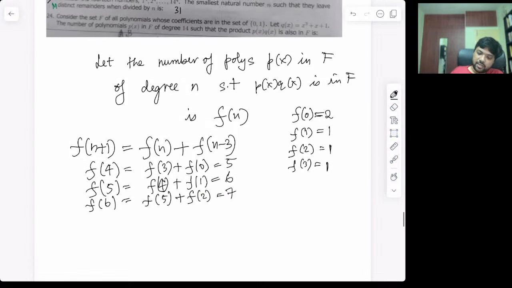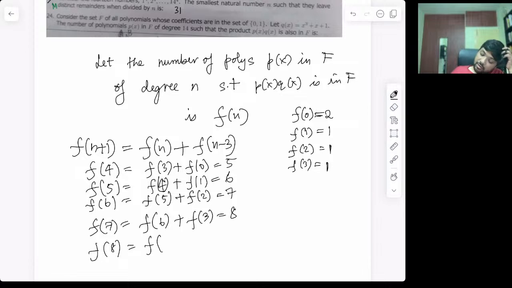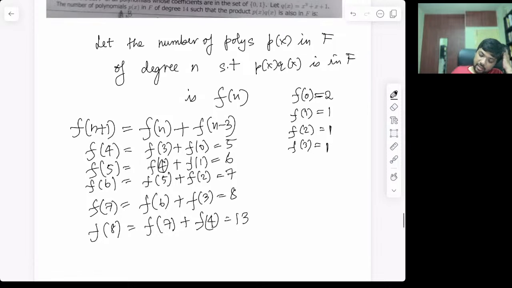And f of 7 is f of 6 plus f of 3, which is 7 plus 1, 8. F of 8 is f of 7 plus f of 4, which is 8 plus 5. Now it starts adding: 13.